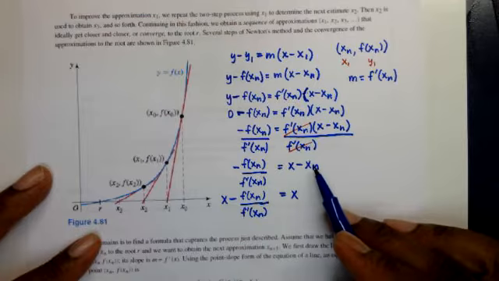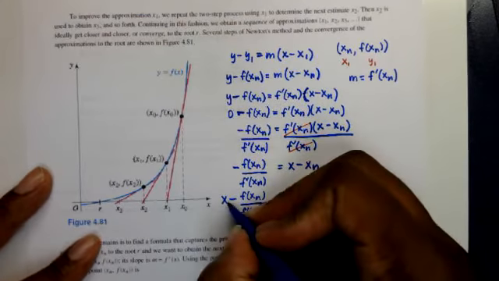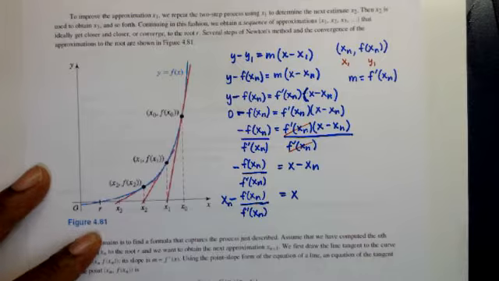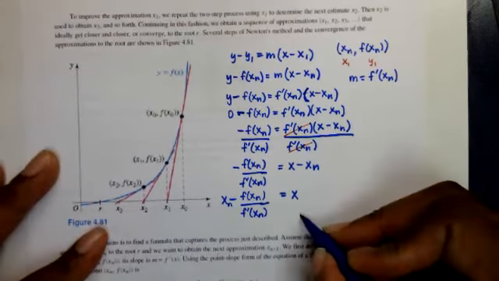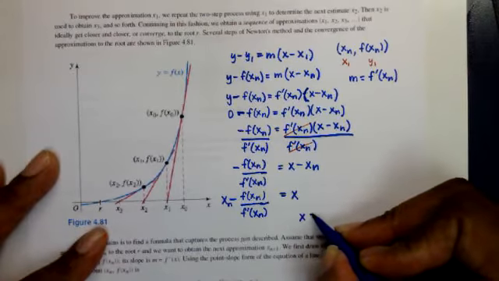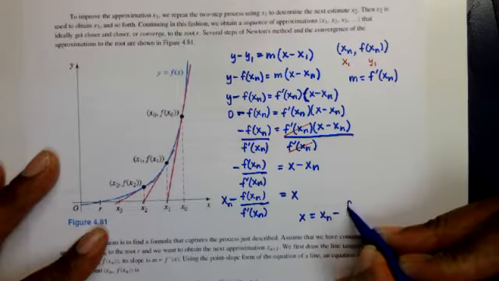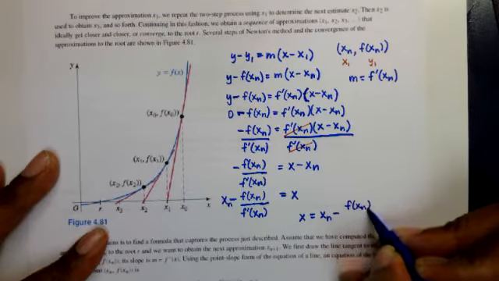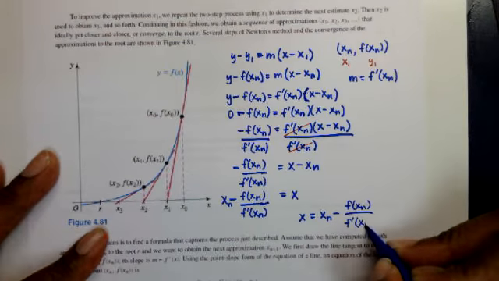Okay, so all I did was move x sub n over to the left-hand side. So this should be x sub n minus f of x sub n divided by f prime of x sub n. Let me go ahead and write the x on the left side. It'll be x is equal to x sub n minus f of x sub n divided by f prime of x sub n.